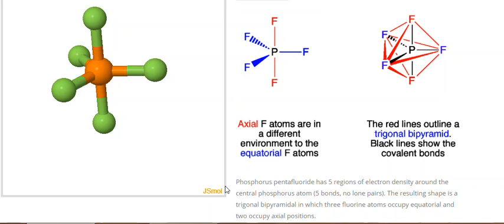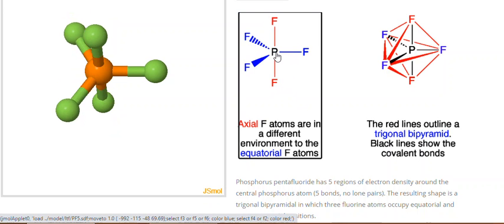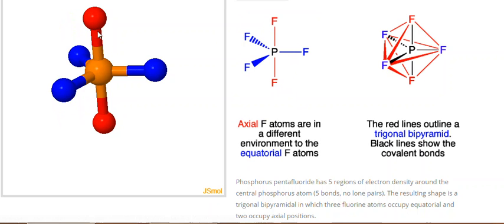The resulting shape is trigonal bipyramidal, in which 3 fluorine atoms occupy equatorial positions and 2 fluorine atoms occupy axial positions.